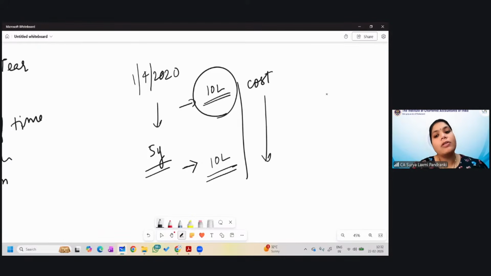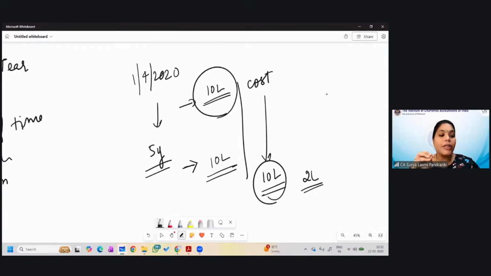After 5 years also, if I am showing 10 lakhs only in my books of accounts, then it is not a right representation. The asset is not correctly represented, because if you go to the market, this is only giving me 2 lakhs. Then how do you think it is the right way of showing it in your books of accounts? It is not correct, right? Because it is depreciating, your books of accounts also should depreciate the value, correct?